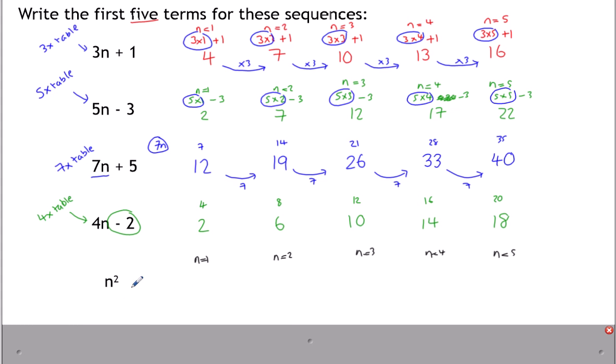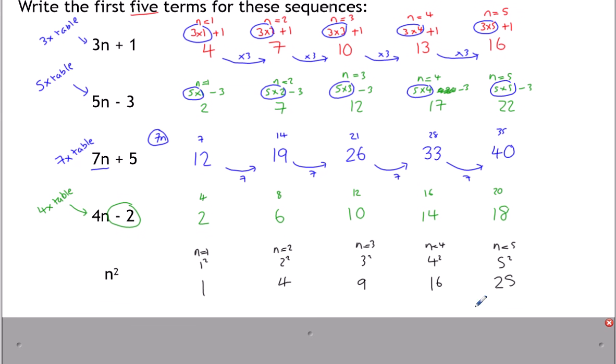Because this time we're not timesing n by a number, we're timesing n by itself. Squared means times by itself. So 1 squared is 1, 2 squared is 4, 3 squared is 9, 4 squared is 16, and 5 squared is 25. Okay, that's the square numbers, because n squared means the square numbers. 1 times 1, 2 times 2, 3 times 3, and so on.